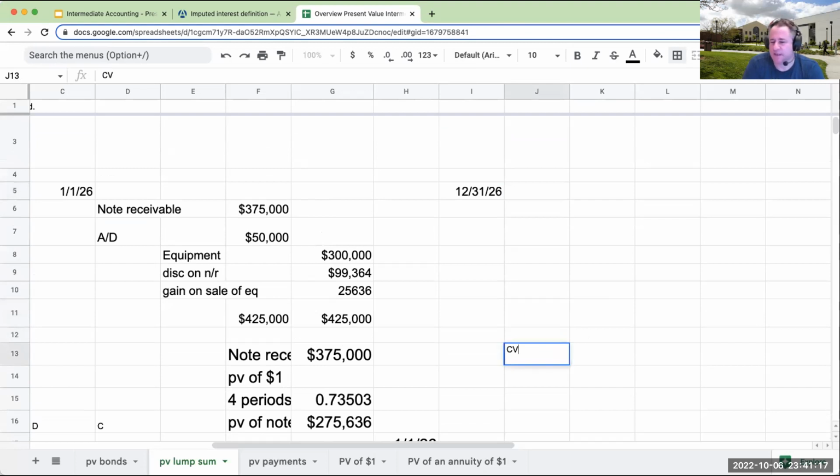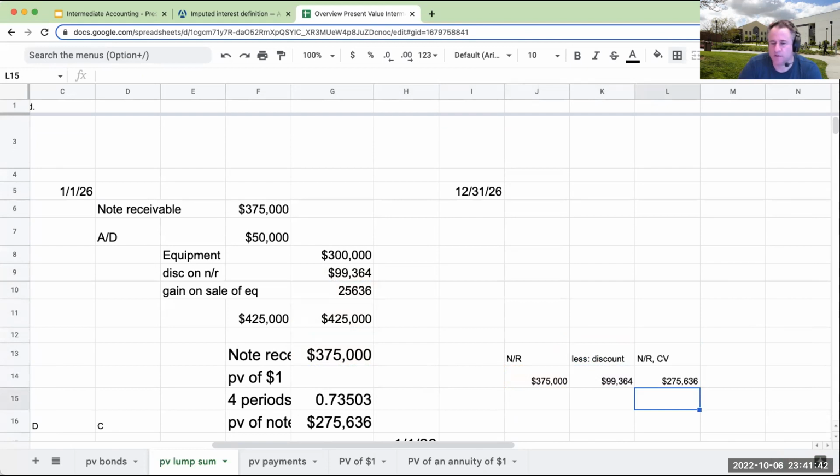Well, I'm going to take the carrying value of the note receivable. What is the carrying value? It's going to be over here at 375 less the discount. My discount currently is 99,364.